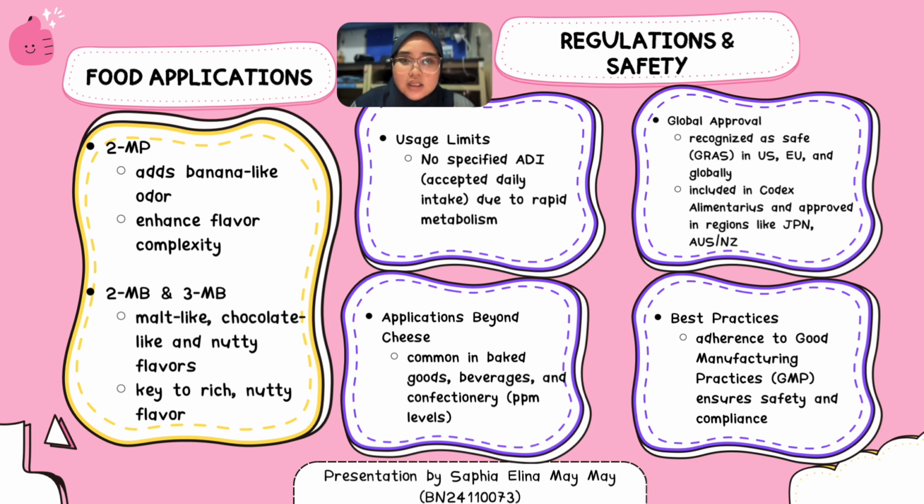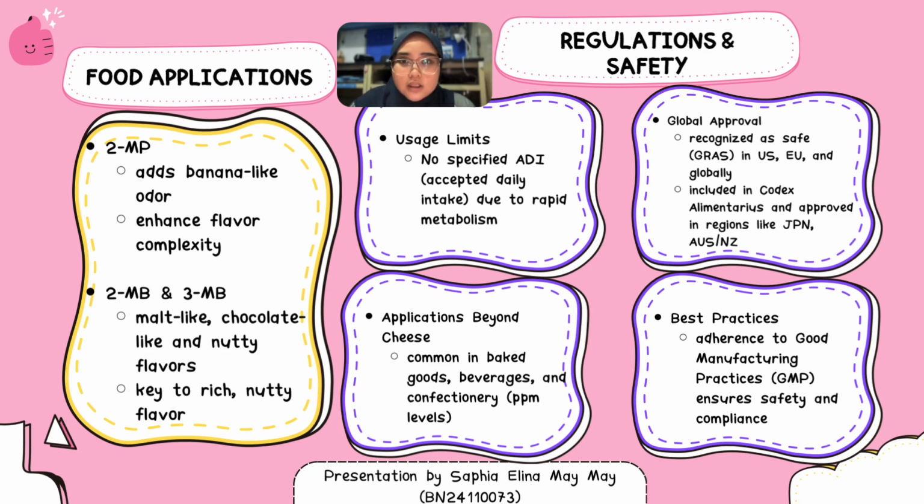In the United States, both FEMA and the FDA classify them as GRAS, generally recognized as safe, allowing their use in trace amounts. These aldehydes are also included in the Codex Alimentarius guidelines and are approved for use in regions like Japan, Australia, and New Zealand.